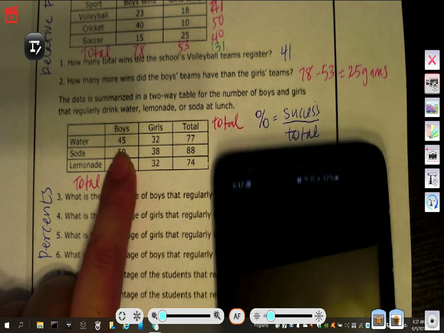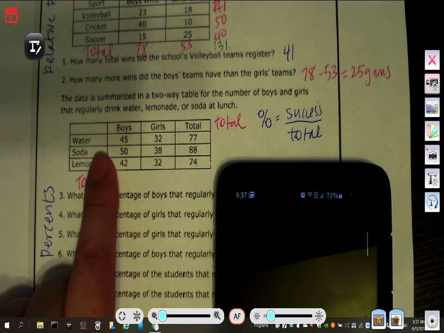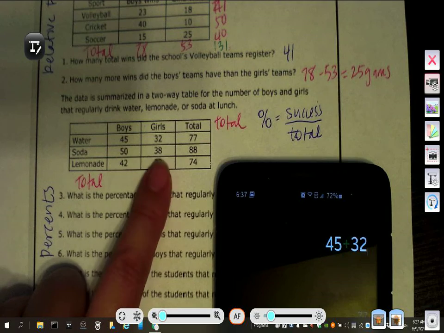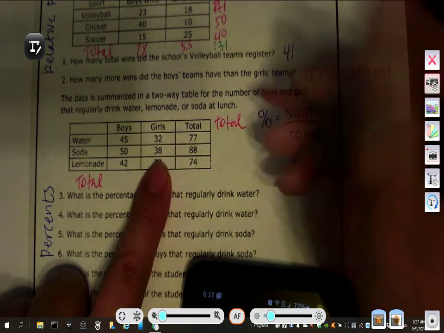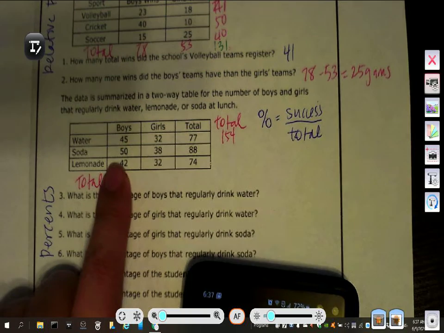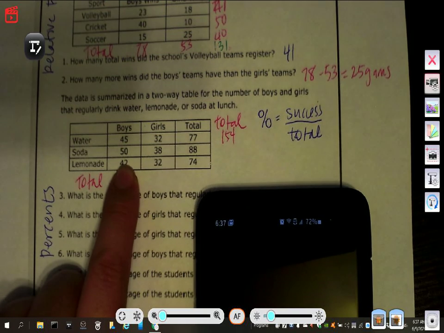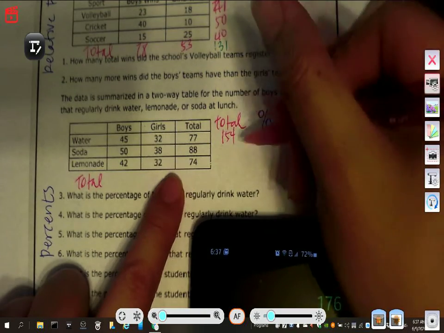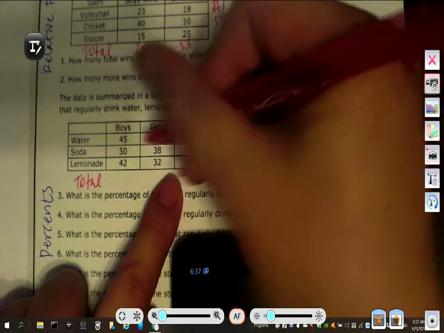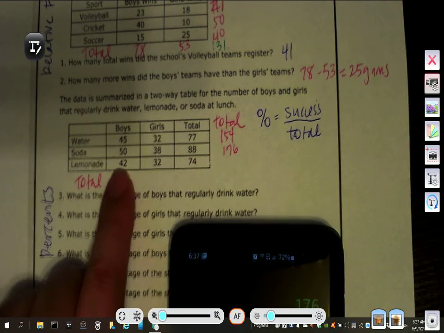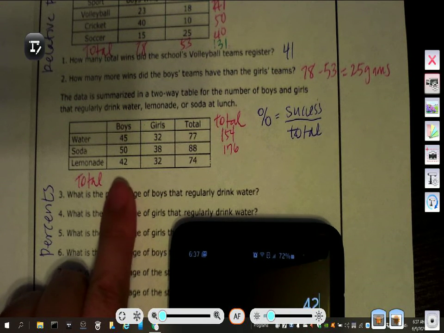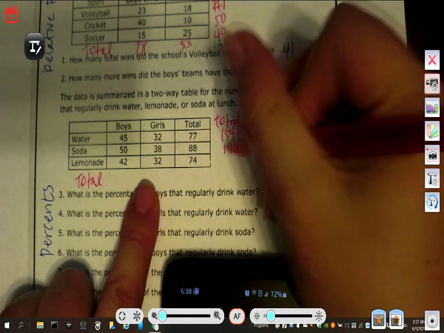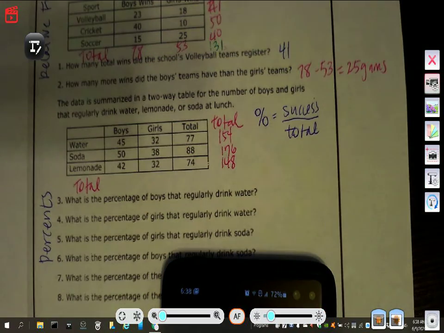To find the total number of people that drink water for lunch, I'd add 45, 32, 77 to get 154 total students. Same thing, 50, 38, 88 gives me 176 for soda, and 42, 32, 74 gives me a total of 148.